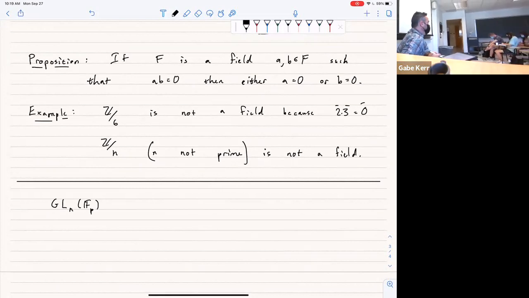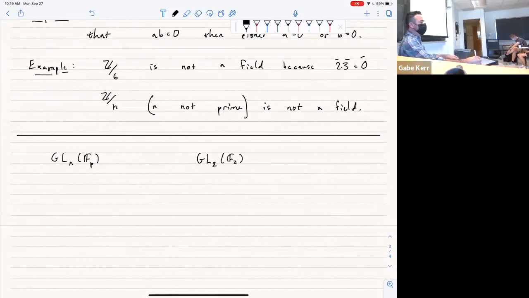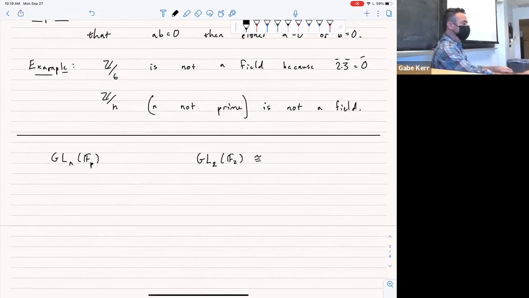There are p elements in F_p, and so if you look at GL_n(F_p), this is a finite group. I think that in Artin, he enumerates GL_2(F_2). This has 6 elements, and he asserts that this is isomorphic to the symmetric group on 3 letters.